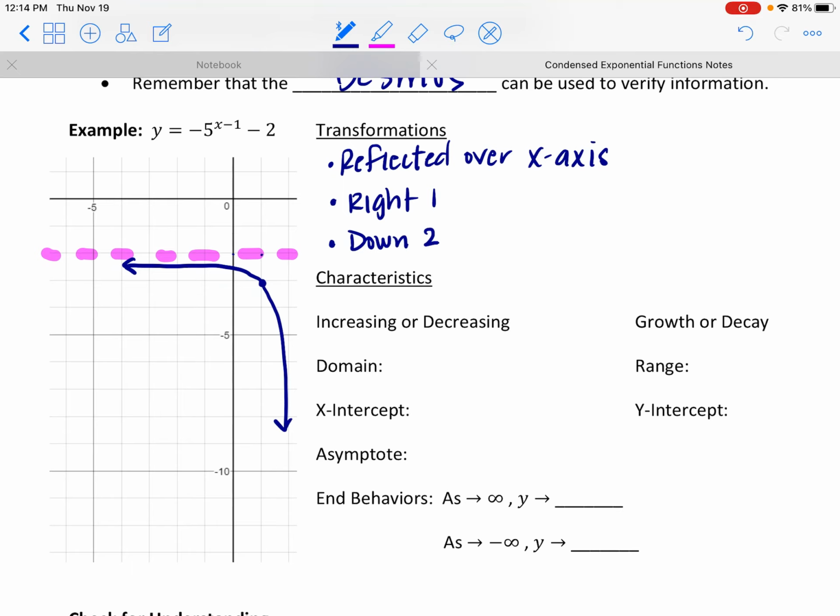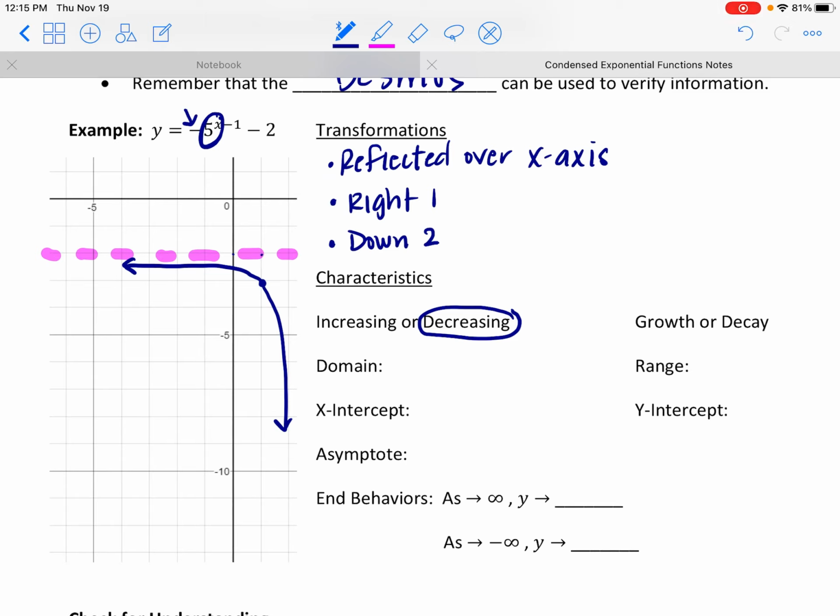Okay, so this graph technically is a weird case. If we were reading this graph left to right, it's definitely decreasing. These values left to right go down. But remember, what determines if the graph is growth or decay is the base of the exponent. So originally, this parent function 5 to the x was a growth function. The negative is what flipped it over and made it decrease.